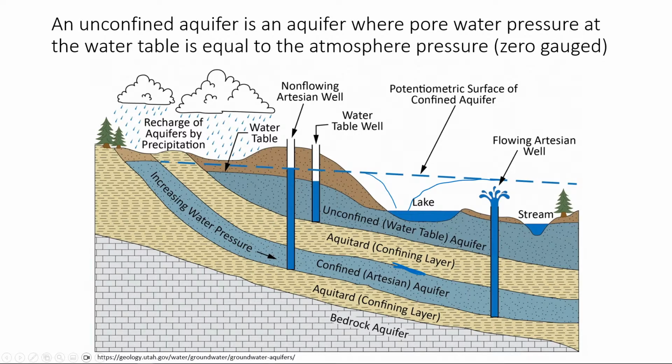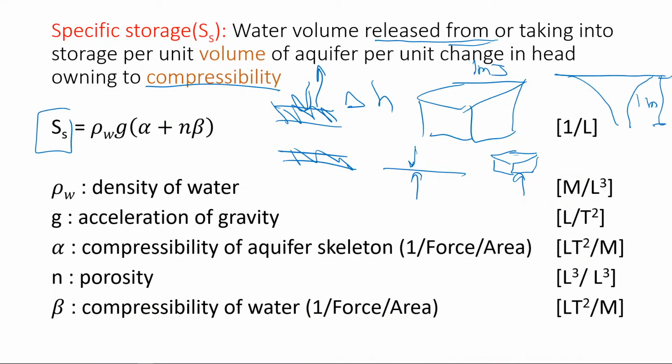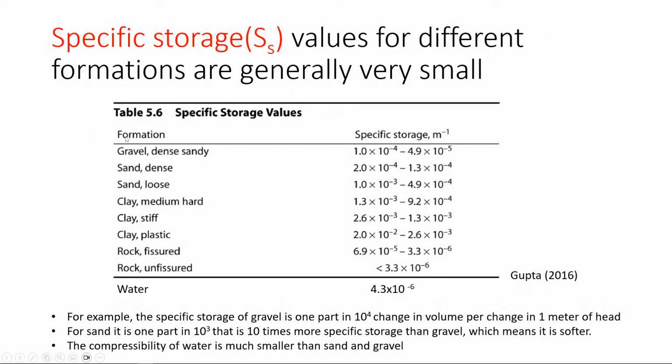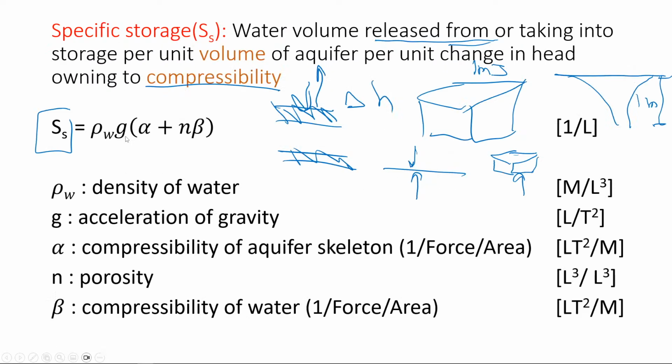And we have an equation for this, if we want to quantify it. This is the aquifer storage. Here, this is the density of the water, and this is the acceleration due to gravity.